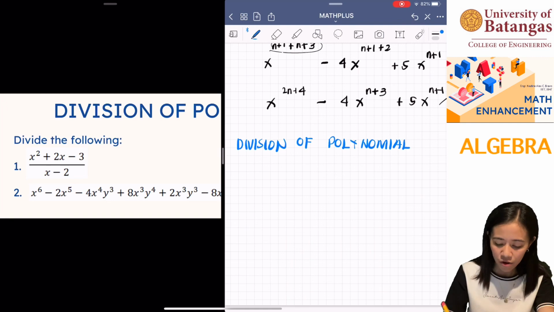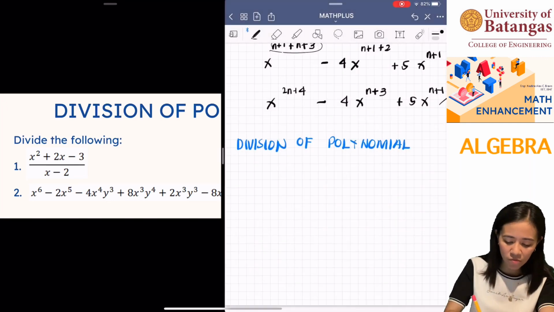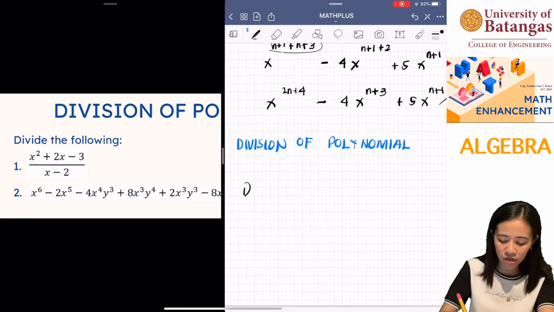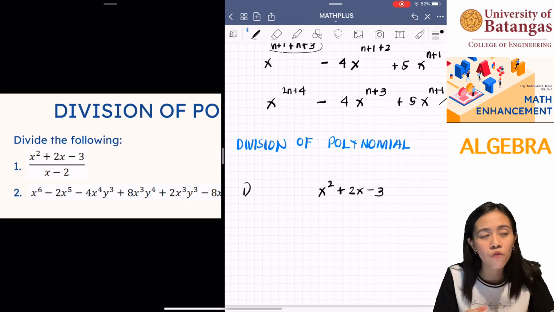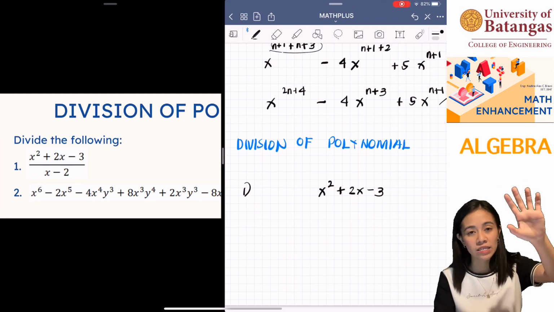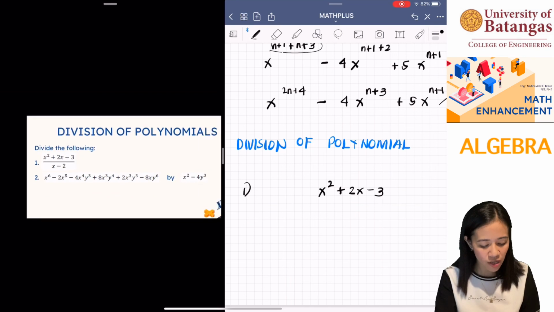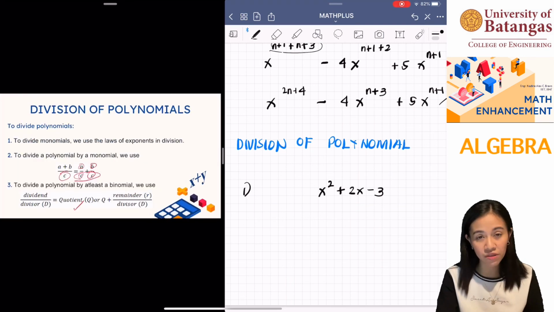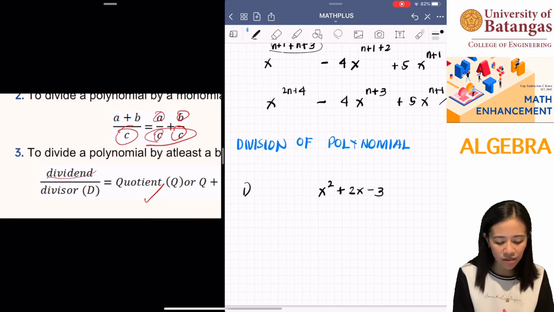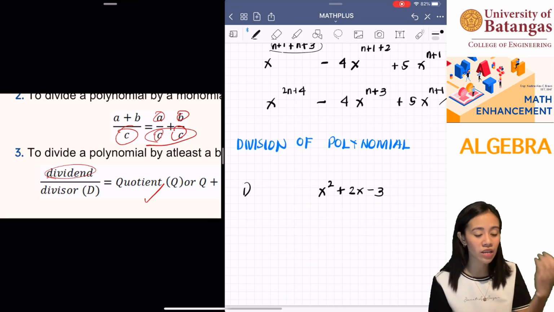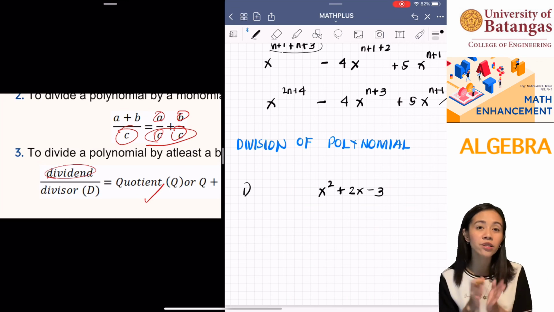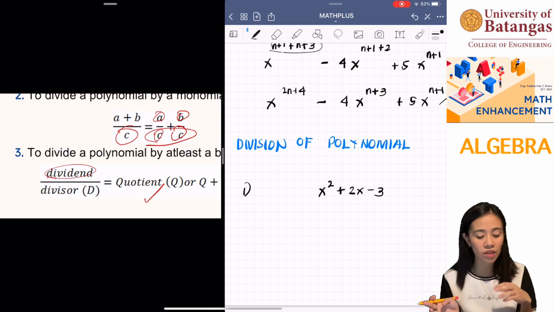That's basic. So, let's start with the long method kasi baka nalimutan nyo na. What we do here is you have x squared plus 2x minus 3. You have to remember that division of polynomials is only possible if the numerator, yung nasa taas natin, or you call that dividend, di ba? If the dividend has a higher degree, yung polynomial niya has a higher degree than, or higher or equal to, than the divisor.